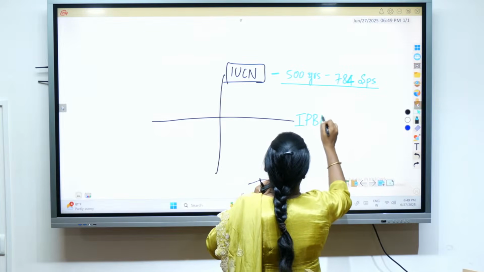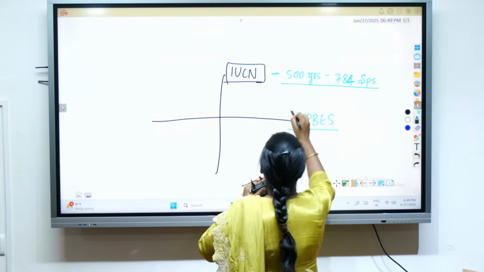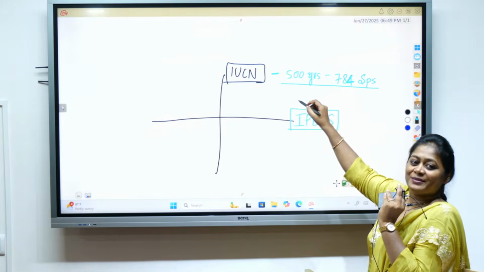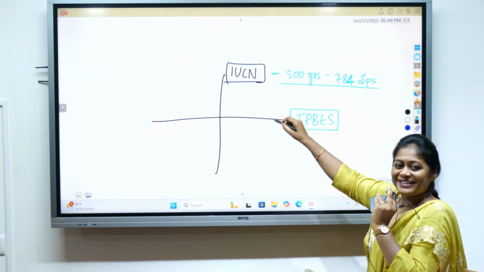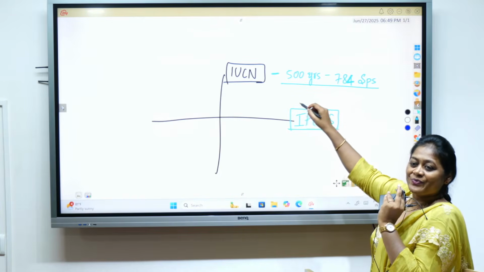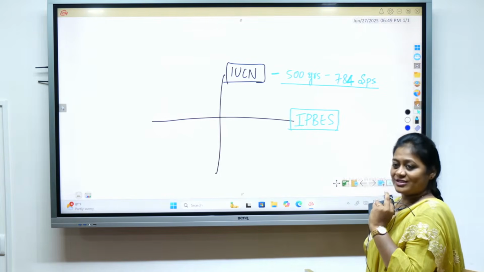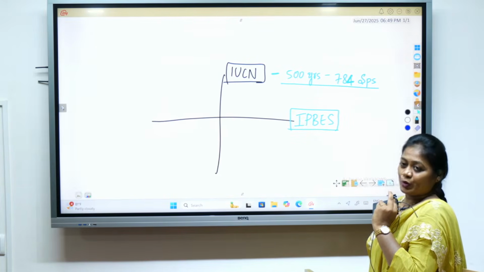IPBES. Intergovernmental Science Policy Platform for Biodiversity and Ecosystem Services. Okay, you have to remember this.